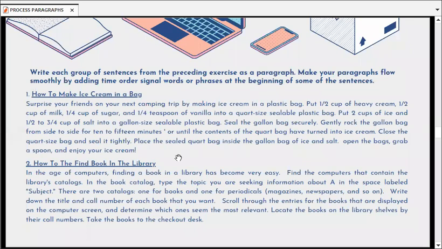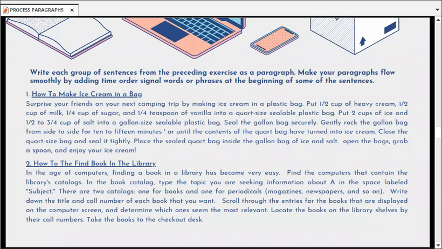Put 2 cups of ice and 3/4 cup of salt into a gallon-size sealable plastic bag.